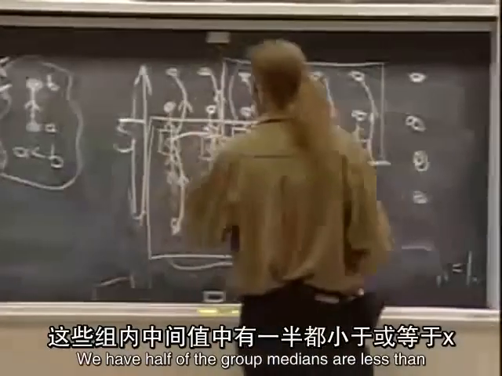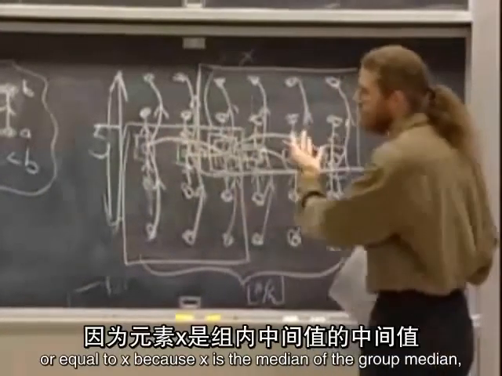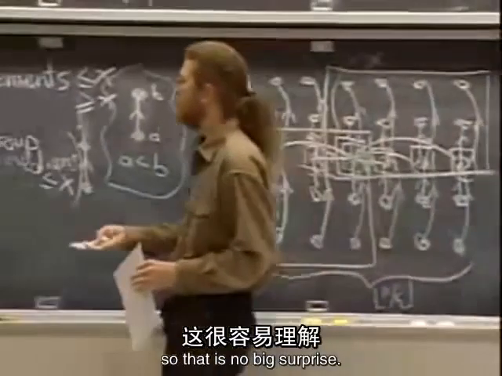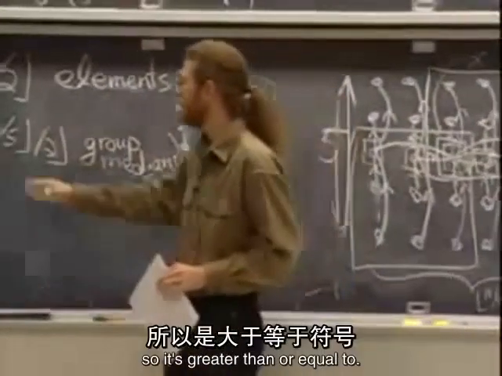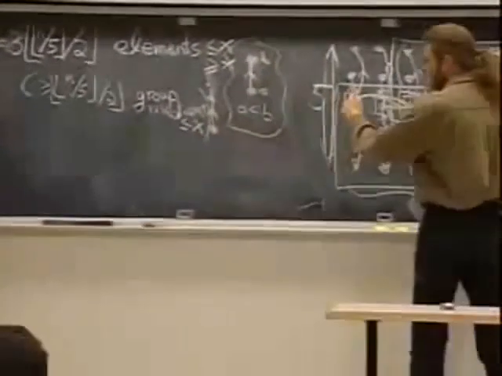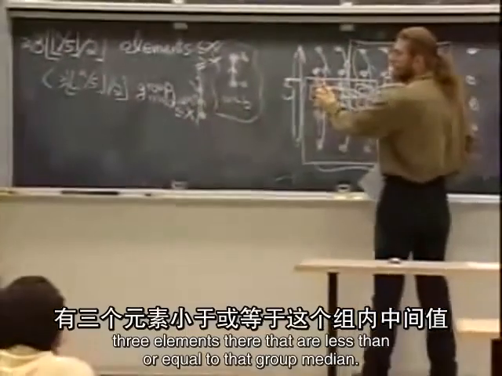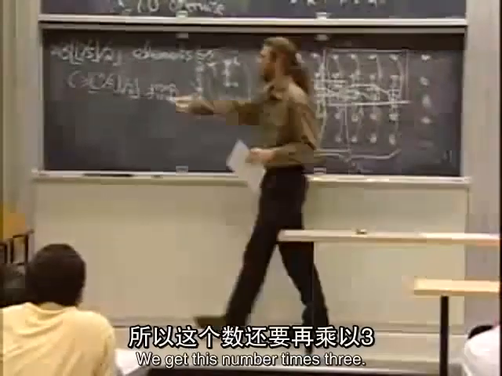We have half of the group medians less than or equal to x, because x is the median of the group medians. So that's no big surprise. So this is really almost an equality, but we're making floors, so it's greater than or equal to. And then for each group median, we know that there are 3 elements there that are less than or equal to that group median. So by transitivity, they're also less than or equal to x. So we get this number times 3.